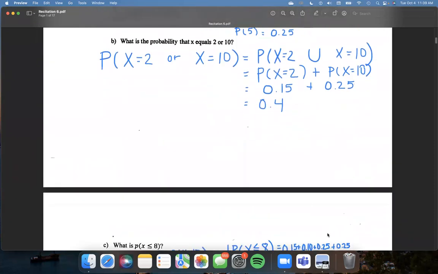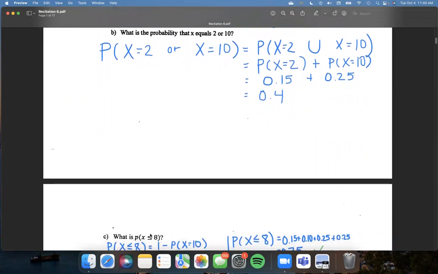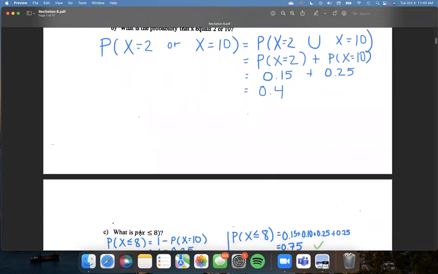Next is the probability that x is less than or equal to 8. There are two ways to think about this. First is the more efficient way. We can do 1 minus the probability that x equals 10. The reason is we can take 1 minus the complement of x less than or equal to 8.